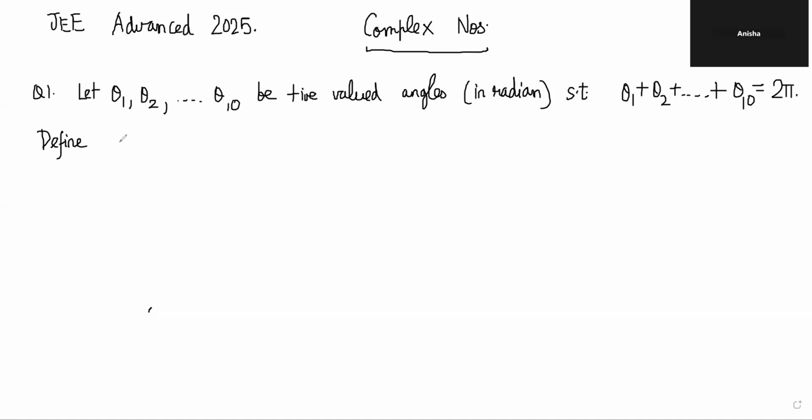Define z1 is equal to e power I theta 1, zk is equal to zk minus 1 into e power I theta k for k goes from 2, 3 till 10.